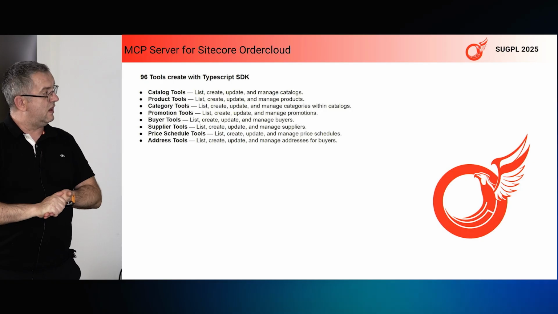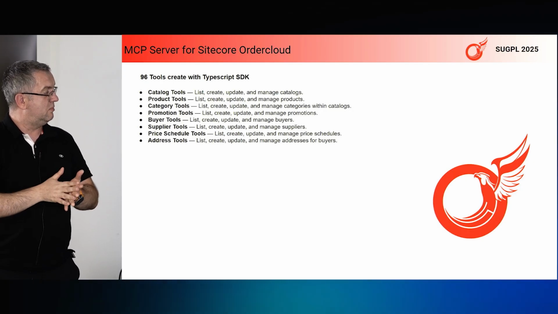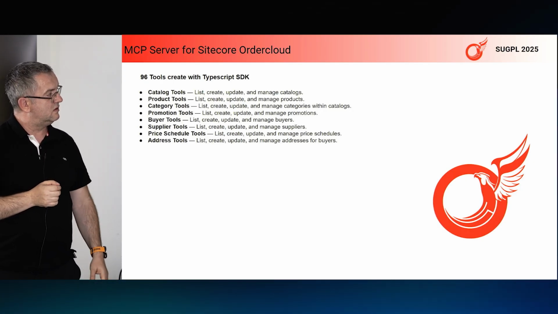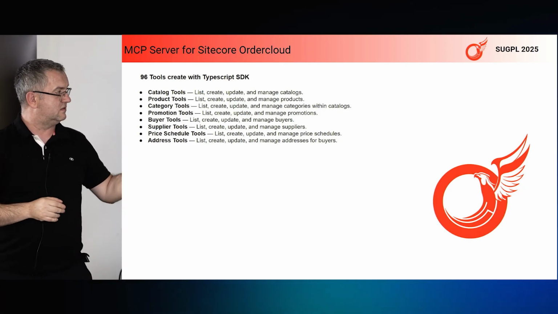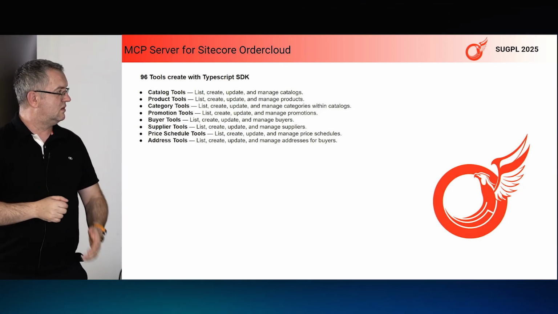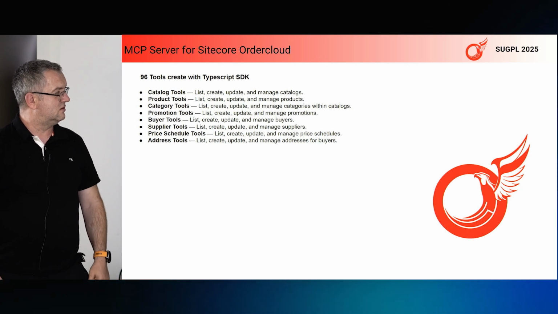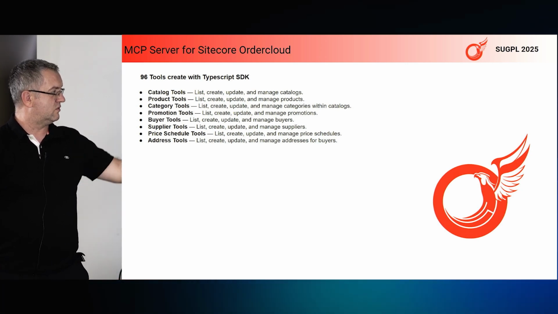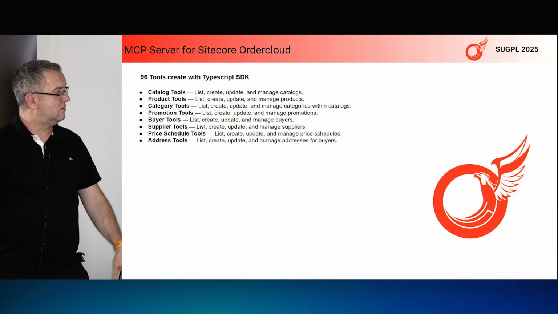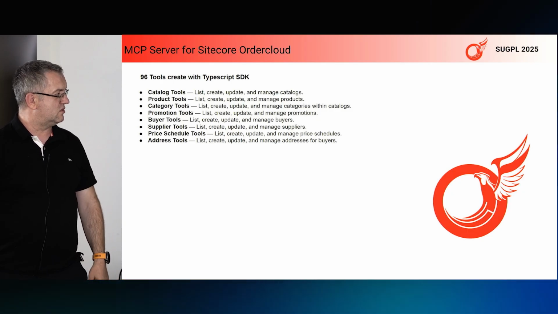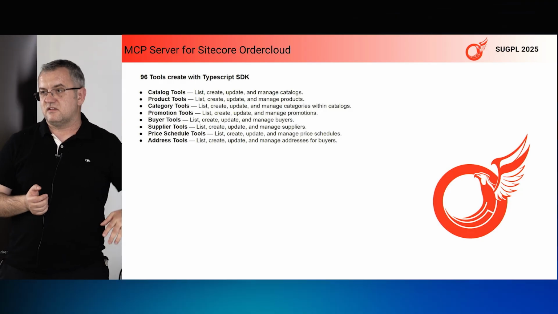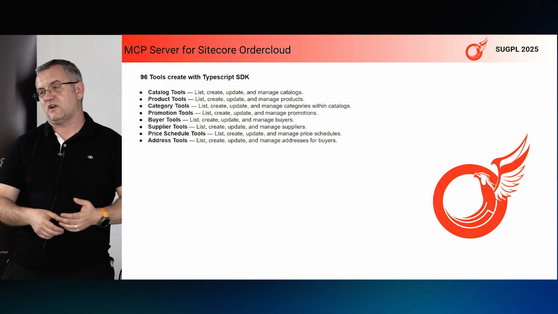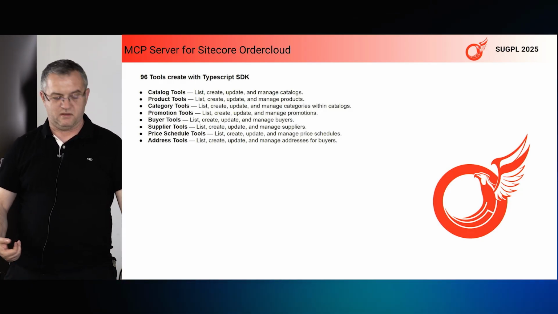What I built, so I built around 96 tools. So I have 96 calls to the Ordercloud for the catalog tools, for the product, category, promotion, buyer, suppliers. But yeah, I plan to extend it to have more of them.